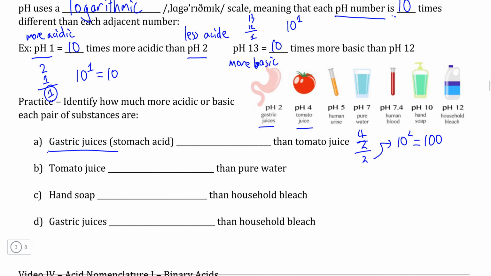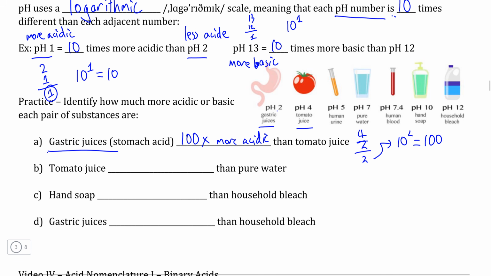So because stomach acid is more acidic and its pH difference is 2 numbers different, we can say that stomach acid is 100 times more acidic than tomato juice is.